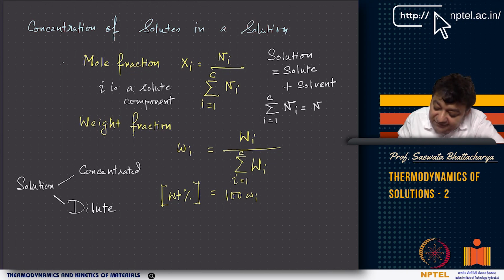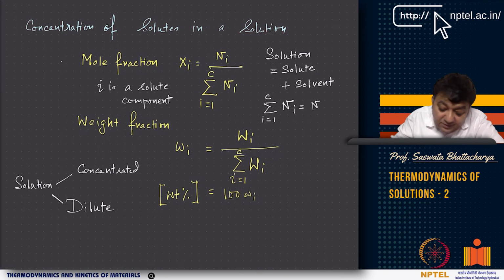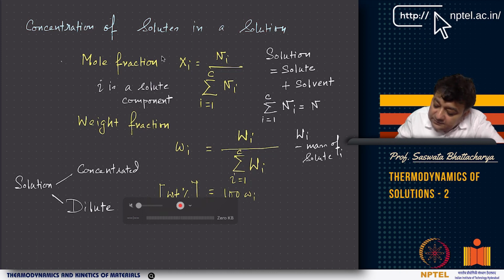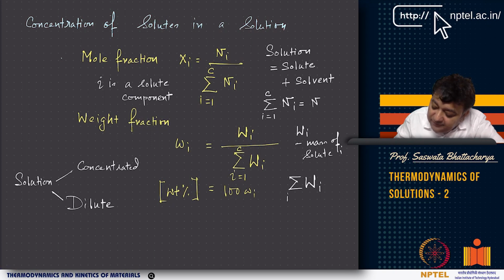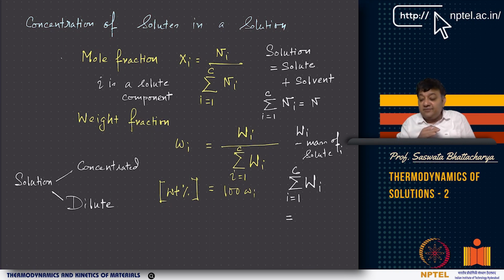Lowercase wi is the weight fraction of solute, where capital Wi is the weight, or mass, of solute I, and the summation of capital Wi from I equal to 1 to C is nothing but the sum of the weights of all the components, including the solvent and the solute components, which you can call W. So if you have W and Wi, what you get is the lowercase wi, which is the weight fraction.